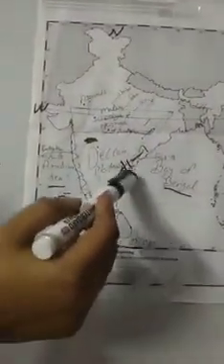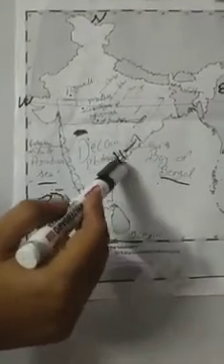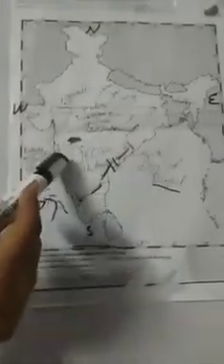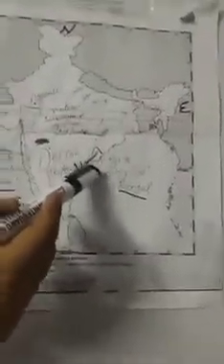On the other hand, the eastern coastal plain consists of two sections. Tamil Nadu to half of Andhra Pradesh is known as the Coromandel coast, and half of Andhra Pradesh to the Mahanadi is known as the Northern Circars. It means the whole coastal plain is divided into five sections: the Konkan, the Kannada, the Malabar, the Coromandel and the Northern Circars.